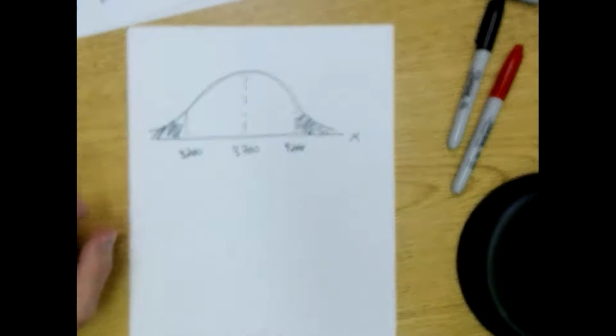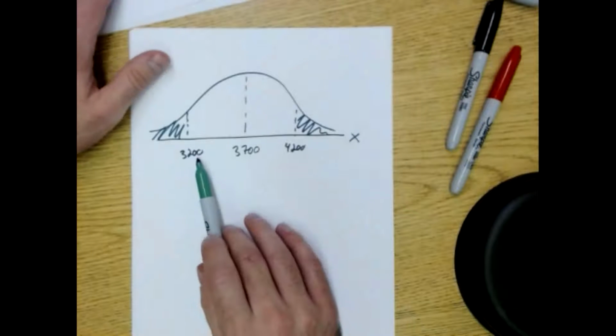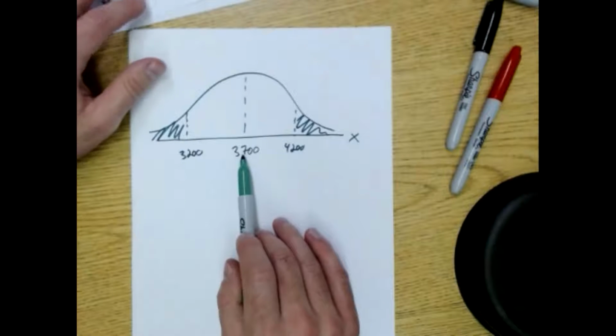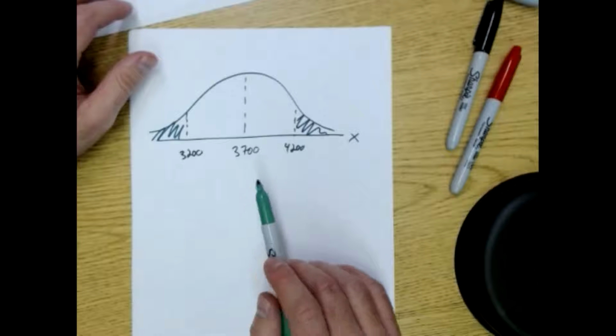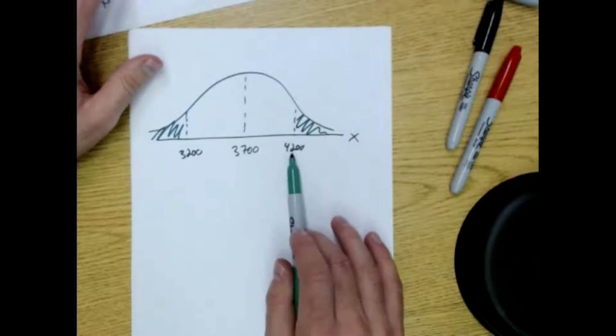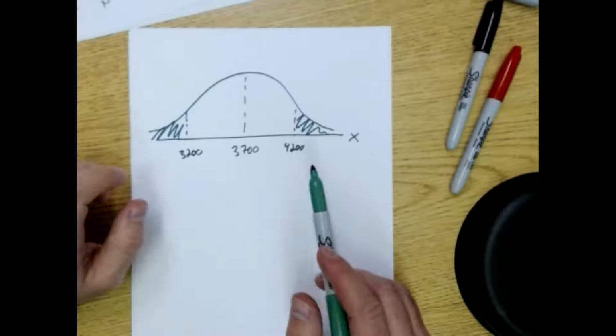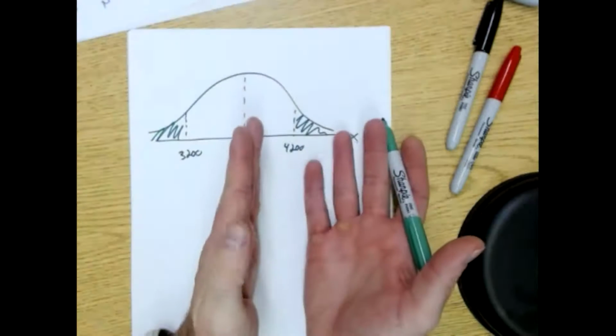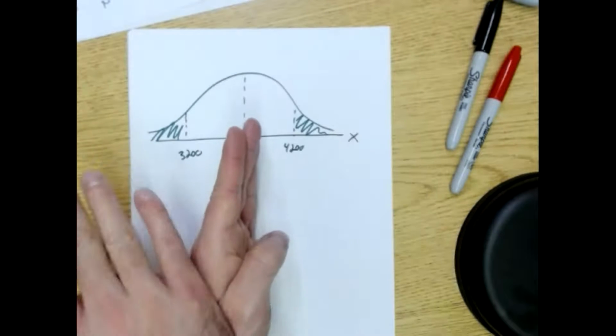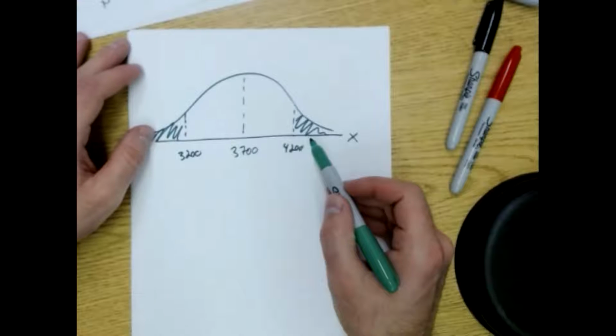Okay. Now, one thing that's kind of nice, if I notice, 3,200 is 500 away from the mean, and 4,200 is 500 away from the mean. So both these values are the same distance from the mean. Since this is a symmetric distribution, that means that it should fold on top of itself. And so these areas should be exactly the same.